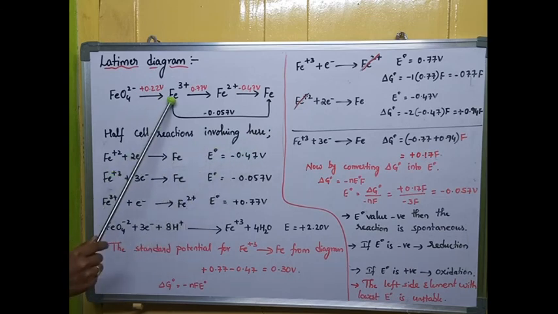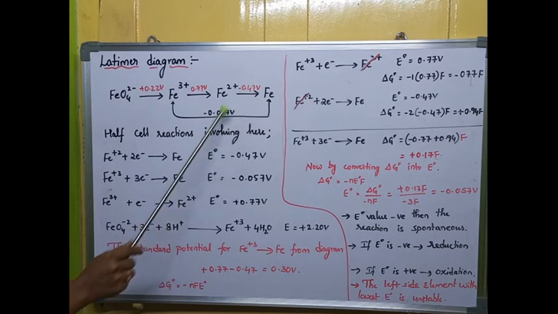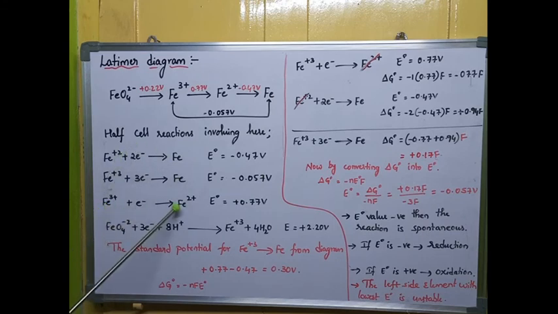If Fe3+ needs to be converted into Fe, that conversion requires minus 0.057 volts. Next, if I add 1 electron to Fe3+, it converts into Fe2+. The E0 value of this reaction is plus 0.77 volts.